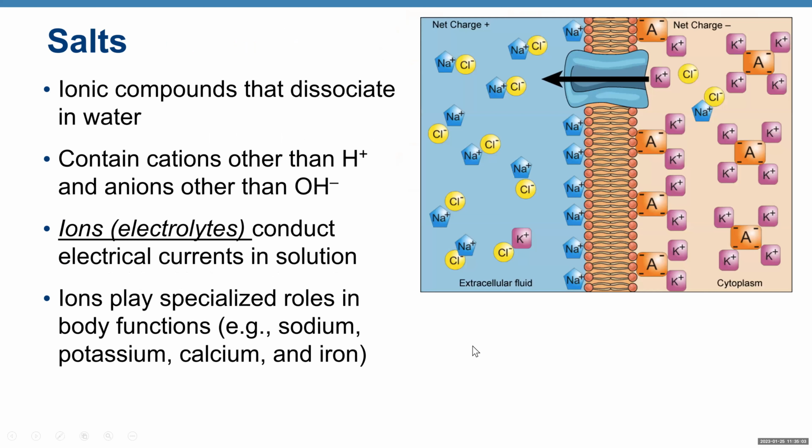Okay, another important compounds are salts. So you have water, we call it water molecule, right? Salts are ionic compounds that dissociate in water, containing cations other than hydrogen and anions other than OH minus, hydroxide ion.